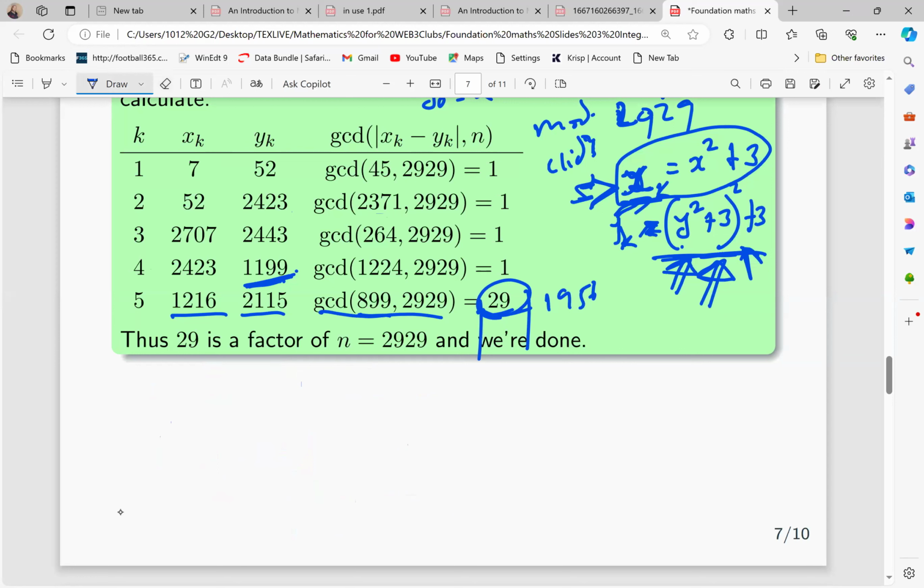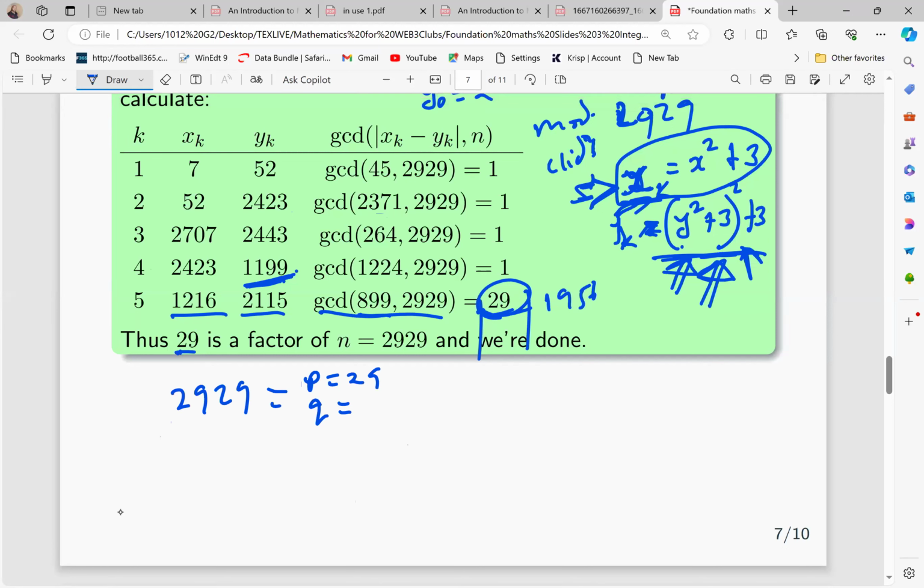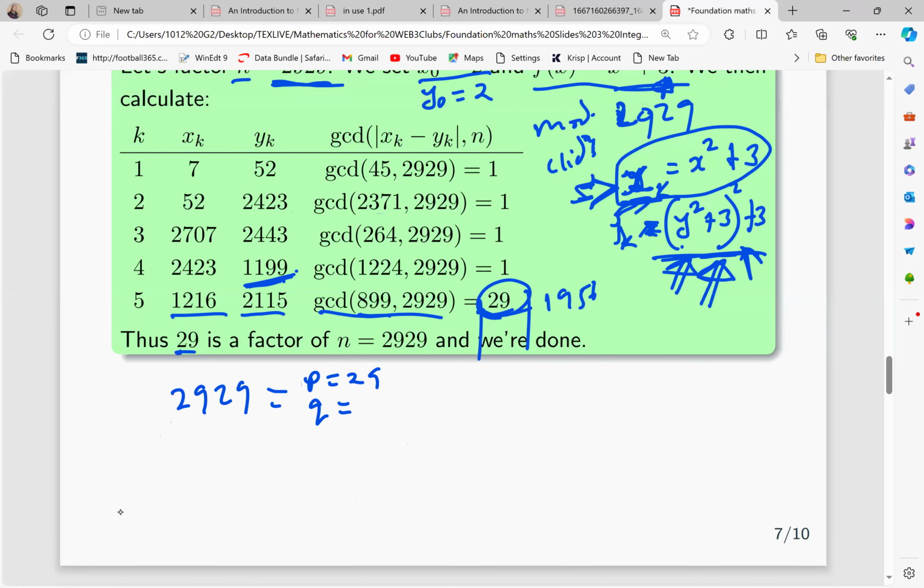So if this was our n, then maybe our p is 29, and our q is the other value that we get, 101. And so, if this was the RSA, then we have the values that were used to find n, and we can find our phi of n.